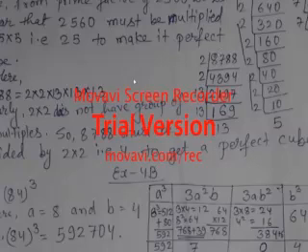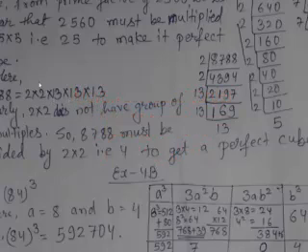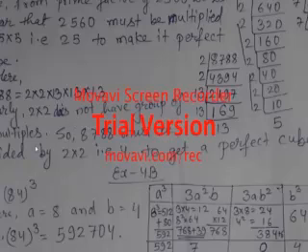Then I got 2 into 2 into 13 into 13 into 13. Here 2 into 2 doesn't form a triplet, so it should be divided by 2 into 2. I had written clearly that 2 into 2 does not have a group of 3, or you can say triplets. So 8788 must be divided by 2 into 2, that is 4, to get a perfect cube.